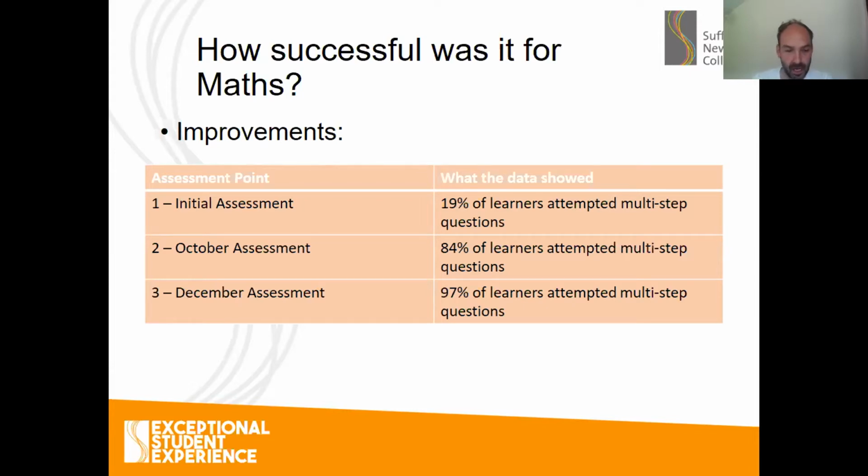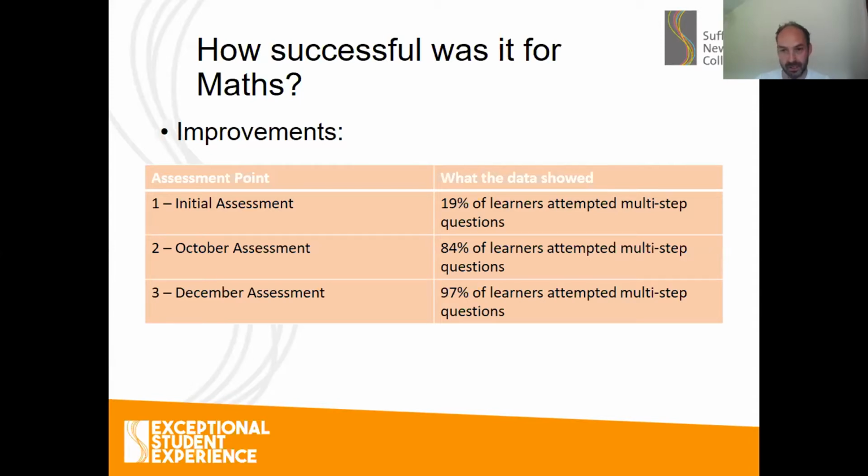Through the use of modelling, we managed to increase the percentage of learners who attempted multi-step questions quite substantially, to around 84% in October. And then in December, just before everything went a bit haywire again, we got to 97% of learners attempting these questions.